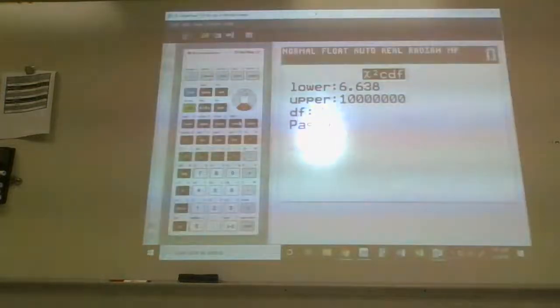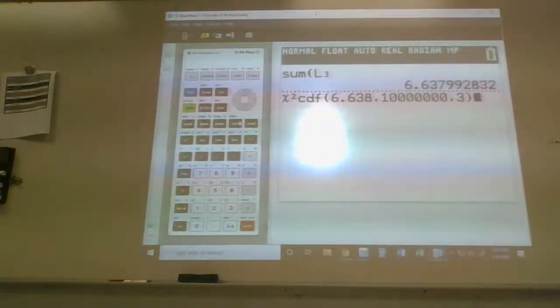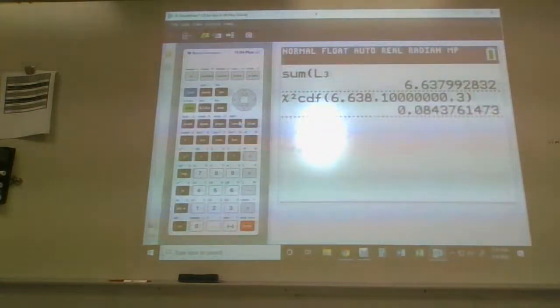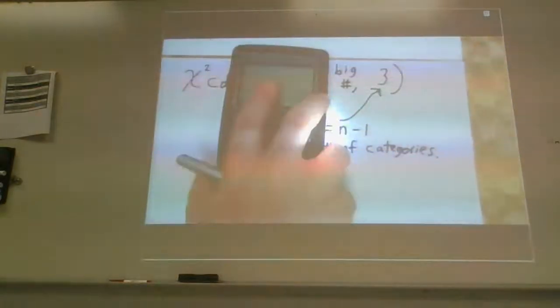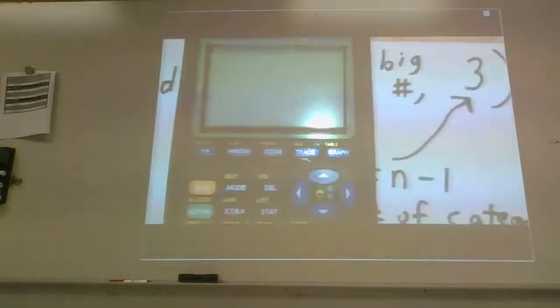If I go back over here and put that 3 in, it gives me my proper p-value, boom, at 0.0843 or whatever, 0.0844 if you want to round that up. Yeah, I'll probably round it up. Let me go to my rinky-dink calculator just to show you again what this would look like on the regular old calculator.